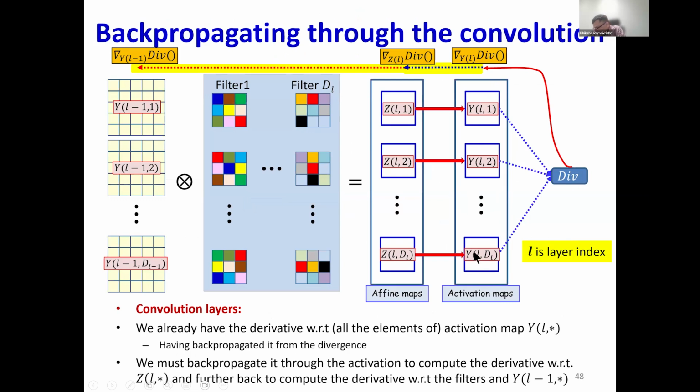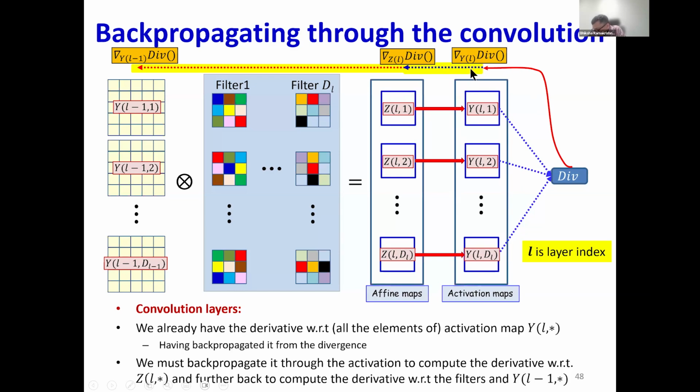And from there, remembering the forward computation, during the forward computation, the previous layer maps were operated on by channels to get a set of affine maps from which the activation maps were computed. So when you go back, initially you'd have the derivatives for every one of these output activation maps.